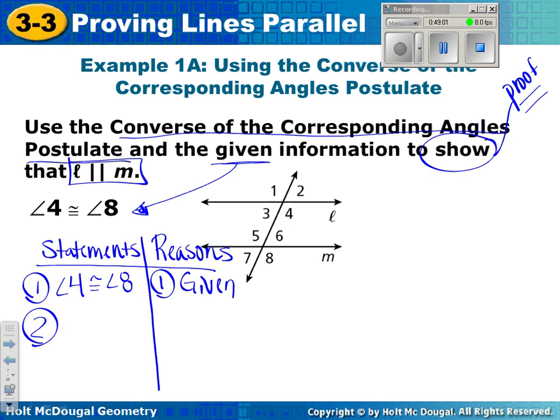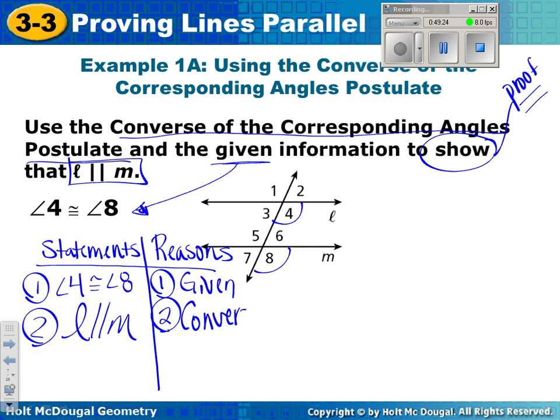Okay? So look at your picture, mark it, 4 and 8. What kind of angles are 4 and 8? Corresponding. So if 4 and 8 are congruent, are the lines going to be parallel? Yes, so this is just a 2-step proof. L is parallel to M, and what's the reason? Perfect.